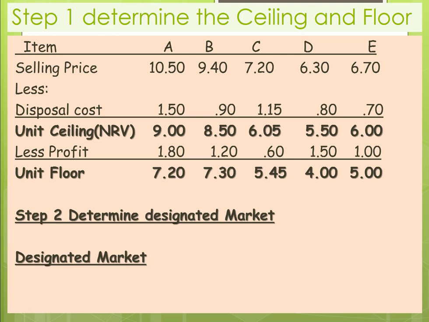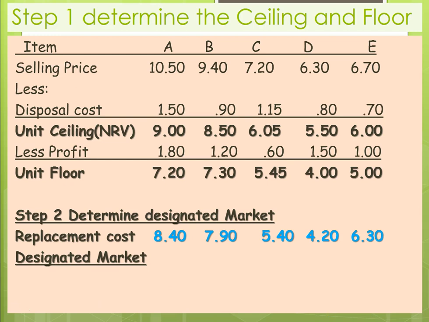Remember, it can't be higher than the ceiling or lower than the floor. So for our first one, we have $8.40. We already decided that that one falls within the range of $9 and $7.20, so that's the amount we would use. That becomes our designated market.